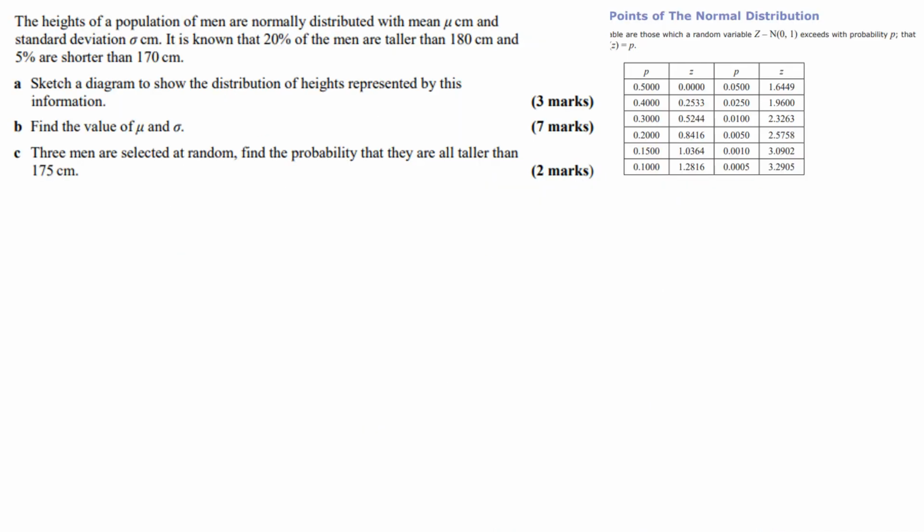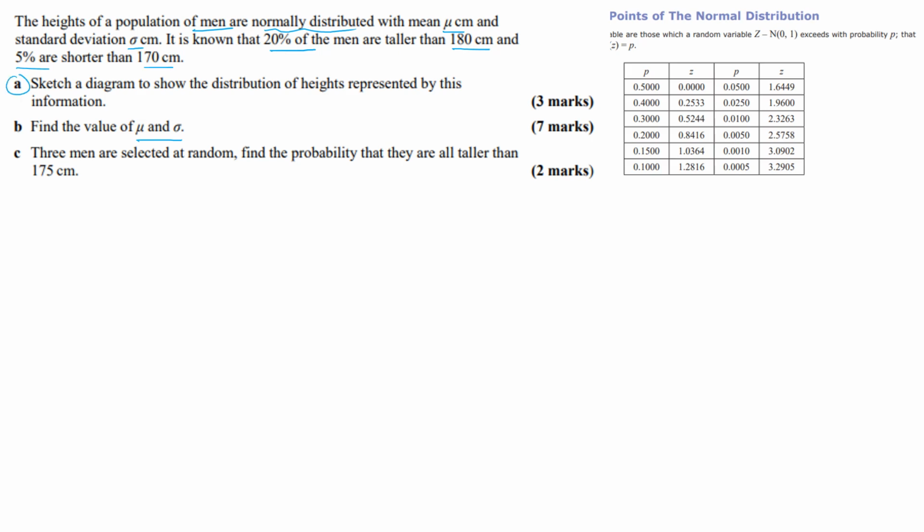This next question is telling us that the heights of a population of men are normally distributed, and we've got mean, mu and sigma. We're being asked to find both of those, so two unknowns, we need to solve them simultaneously, and in order to get two equations we need two bits of information. We've got that it's known that 20% of the men are taller than 180 and 5% are shorter than 170.